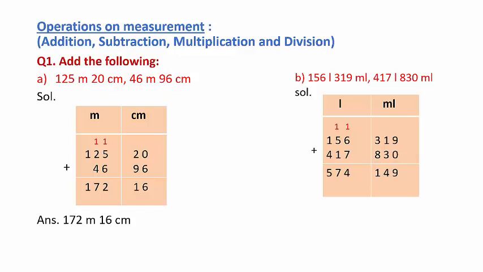Then 10th column, 1 plus 5 plus 1 is 7, and 100th column 1 and 4, that is 5. So our answer is 574 liter and 149 milliliter. So in this way we add.